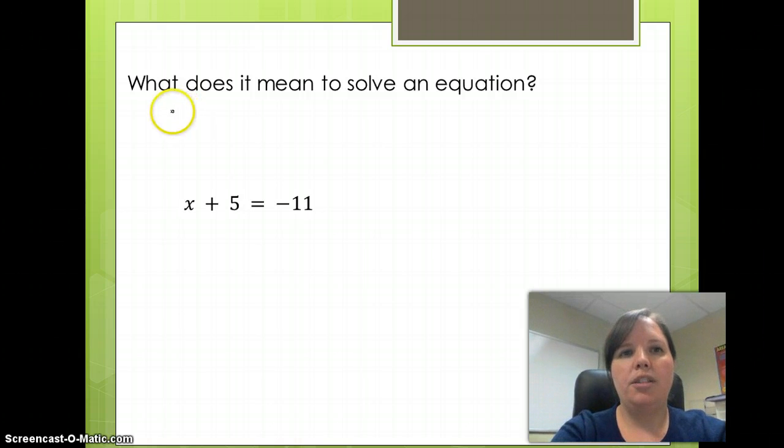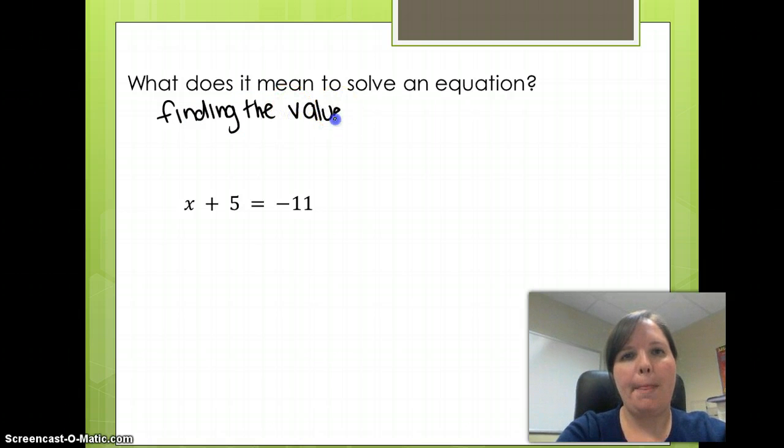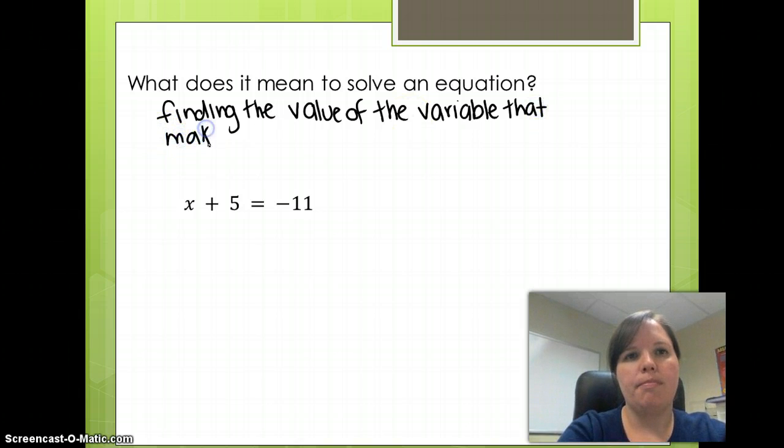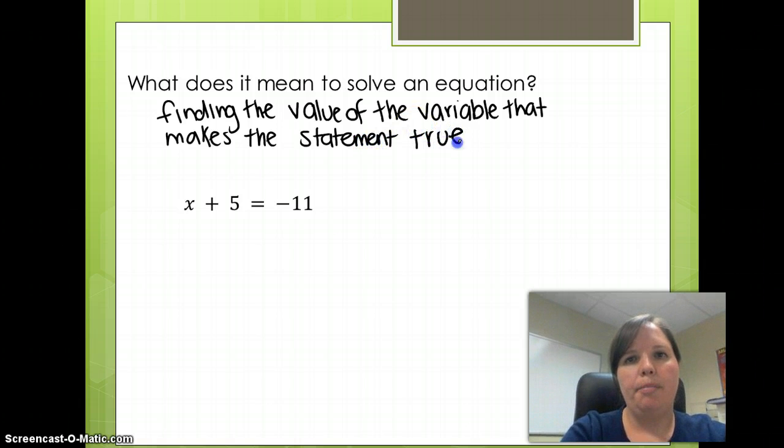Solving an equation means basically finding the value of the variable that makes the statement true. Makes your equation true.